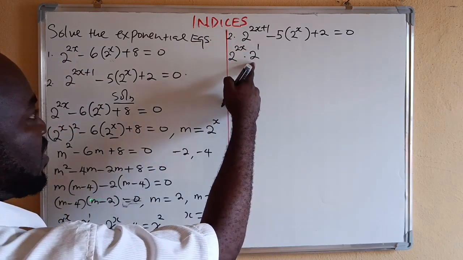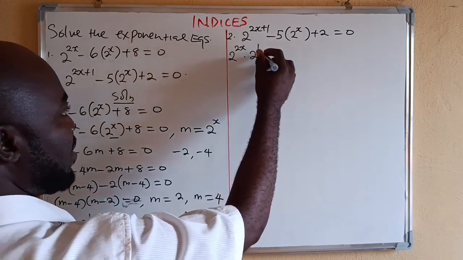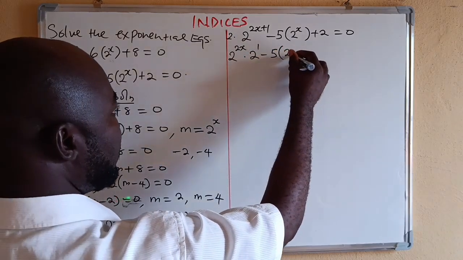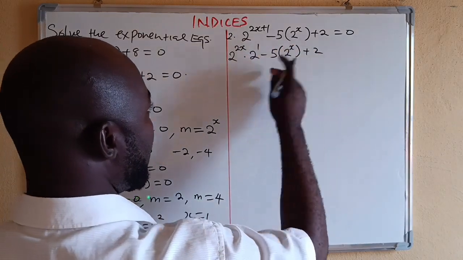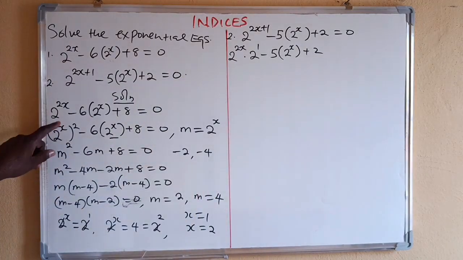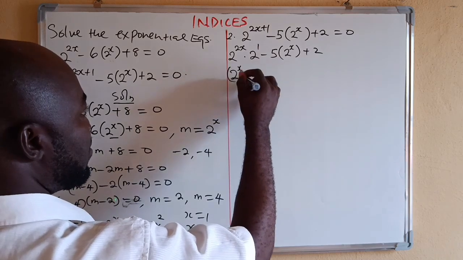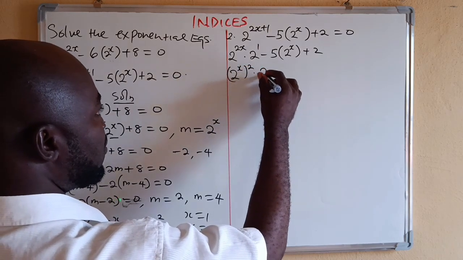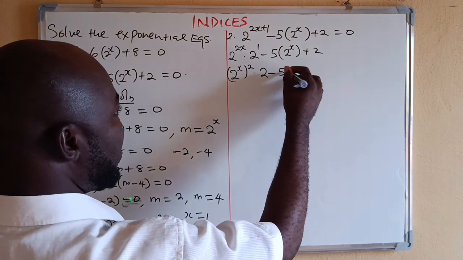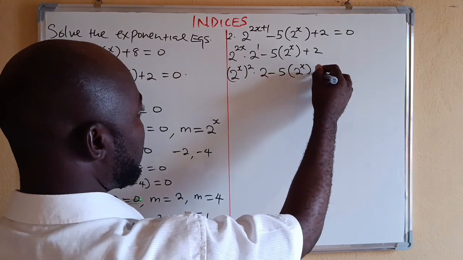Why? Because they have the same base, so I can add the powers. Minus 5 times 2 to the power of x plus 2. So I can write this as (2 to the power of x) to power 2 multiplied by 2, minus 5 times 2 to the power of x, plus 2.